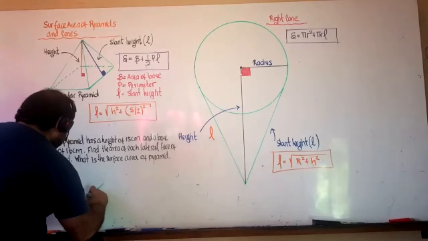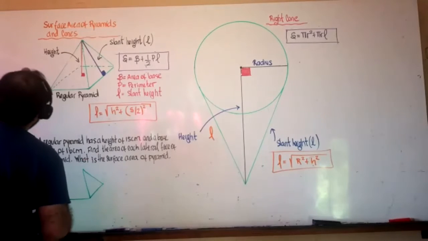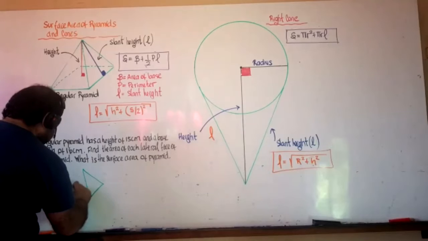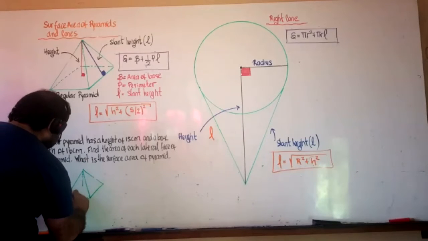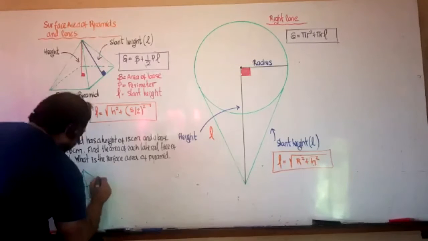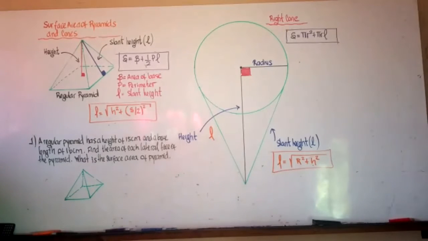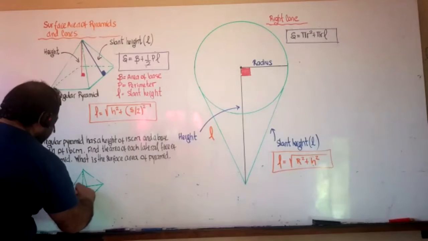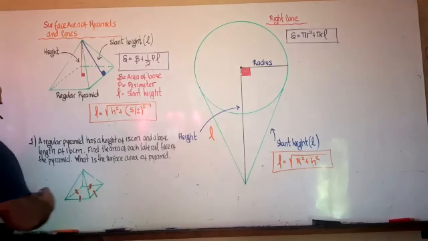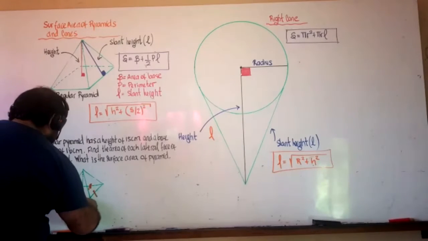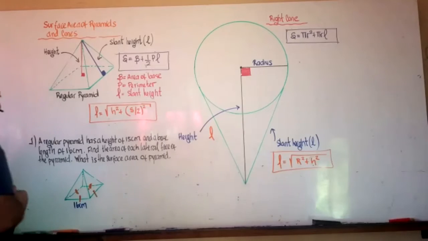All right, let's see what we got. We have the intersection point over here. Okay, this is the pyramid. According to the problem, all of these edges are congruent and have a measure of 16 centimeters.